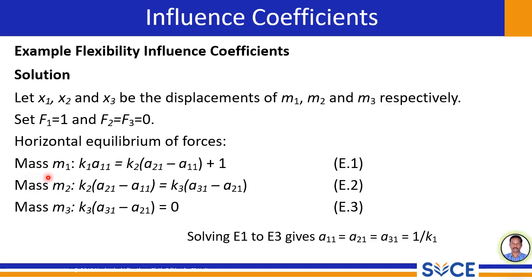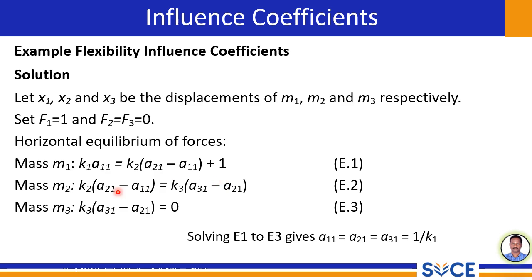For mass m1, the forces acting on it are the external force F1 to the right, the force from spring K1 to the left, and the force from spring K2 to the right, setting up the equilibrium equation, that is, K1 A11 equal to K2 (A21 minus A11) plus 1.